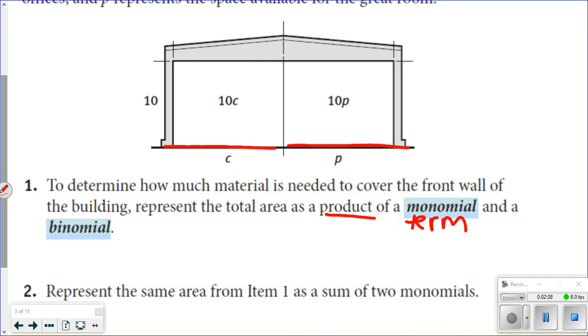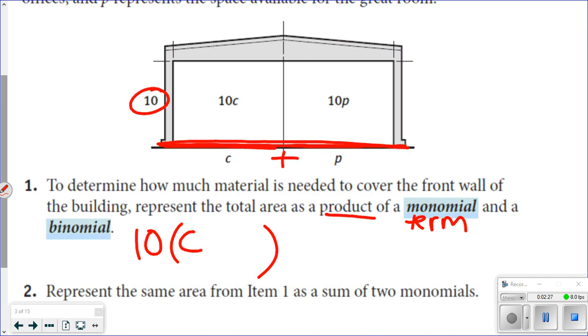Well, we need to multiply side times side, or length times width. Okay, and so my single term or my monomial is going to be this 10, that side, and the binomial is going to be this entire side, so it's C and P, or C plus P.